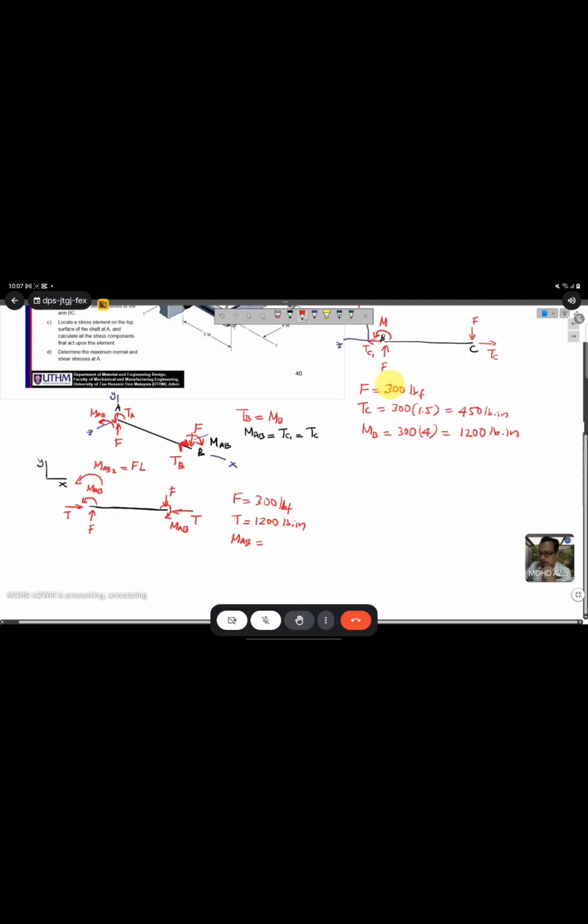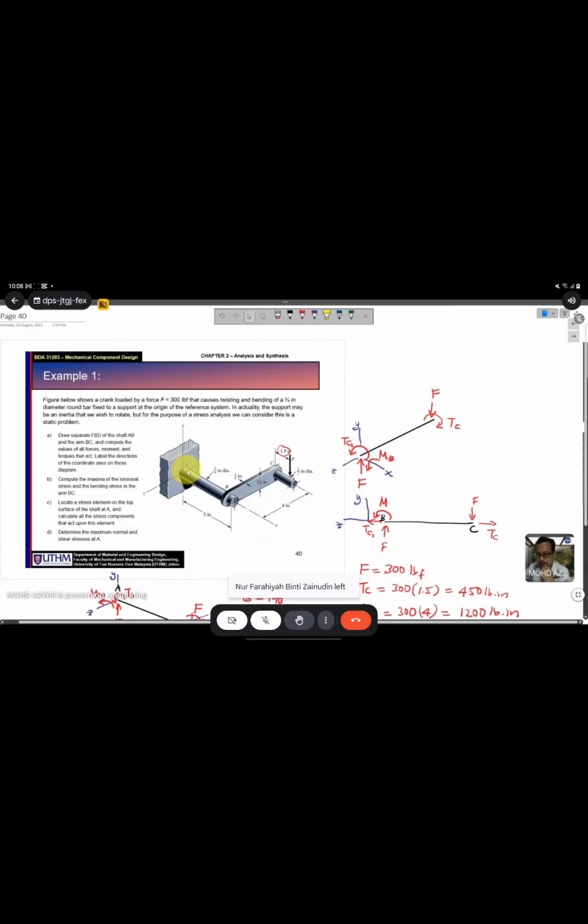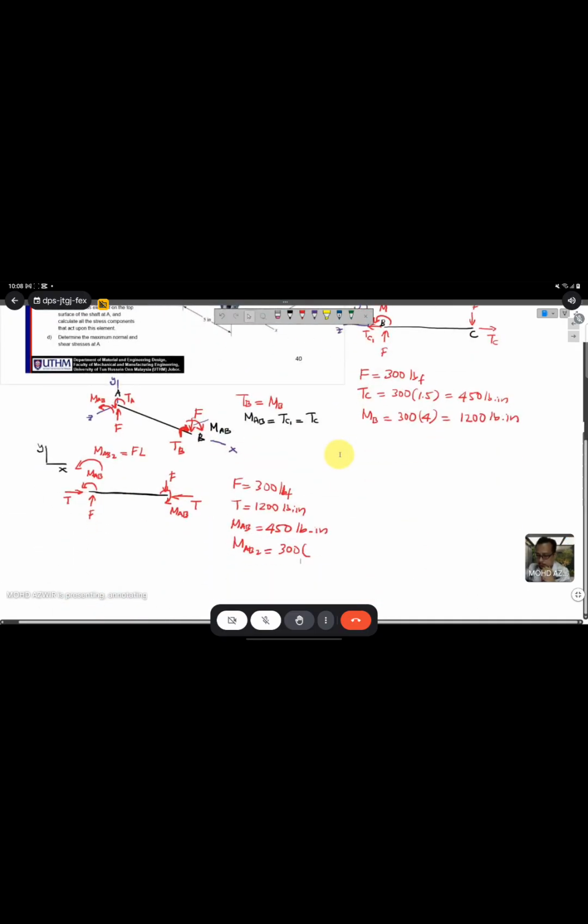TC is 450. Okay, and at the left side here, we have F, the same value, torque, the same value, 1,200. MAB is the same value, MAB2. F times L, F is actually 300, and the length of this rod is 5 inch. You will get 1,500 pound inch.